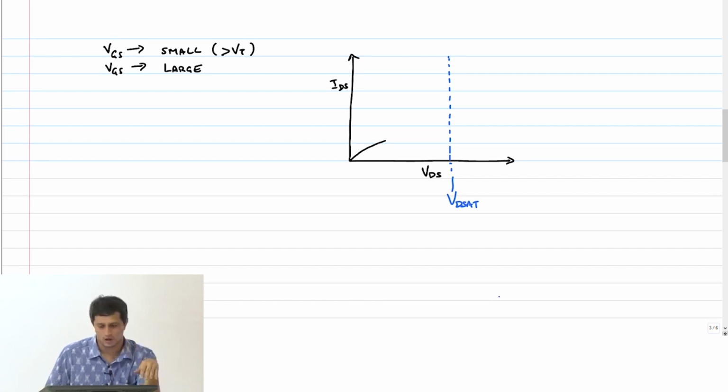So therefore, if VGS is small enough, then it can achieve the saturation current much earlier. Remember that at the drain end, VGS minus VT minus V should be greater than 0. So if VGS is small enough and the original saturation happens, then the current will just saturate here.